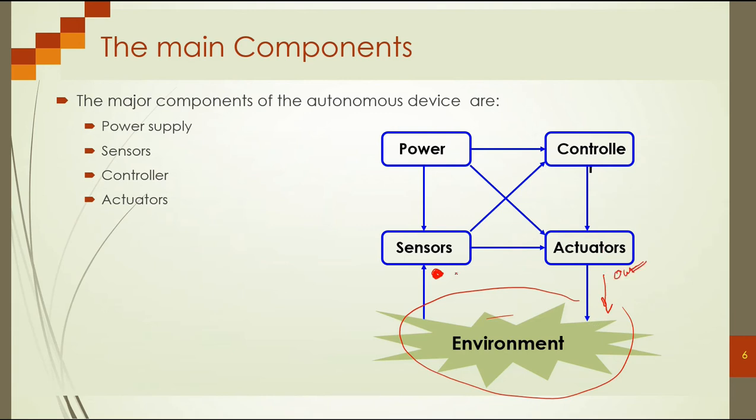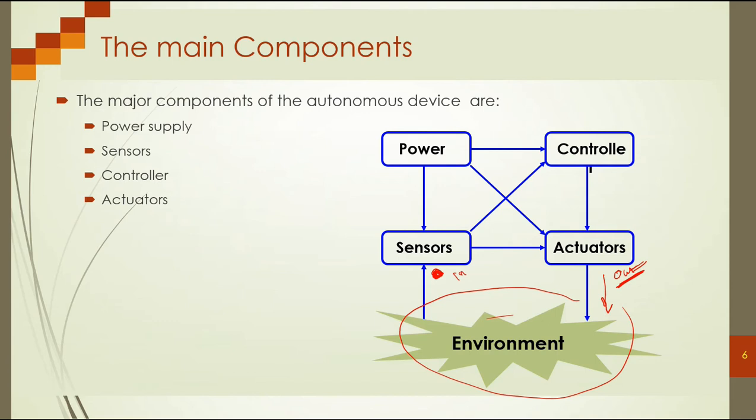Here we say the input is like sensors. For example, the touch screen. Once you touch the screen, it is the input for your mobile, right? The output is like the display screen.